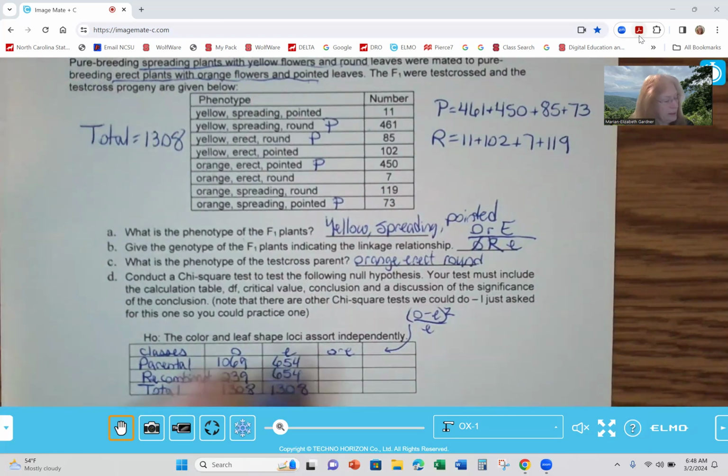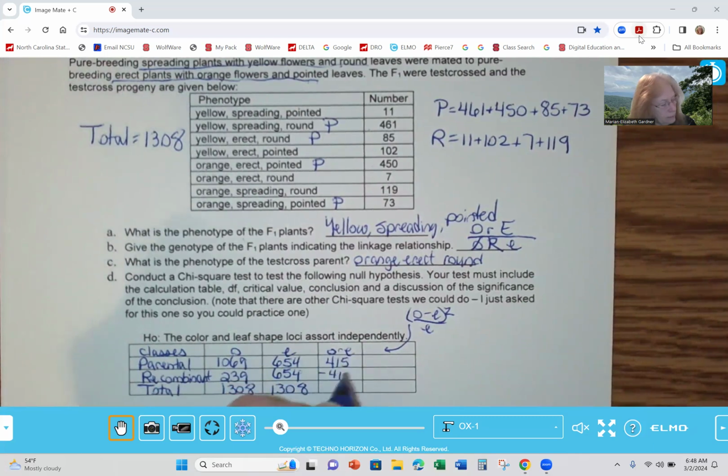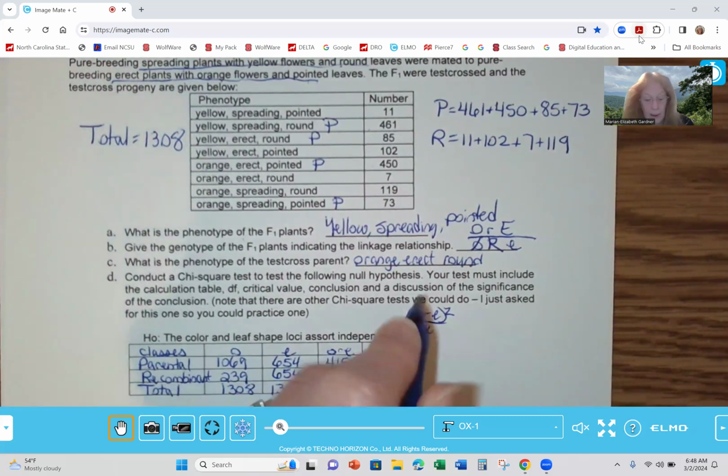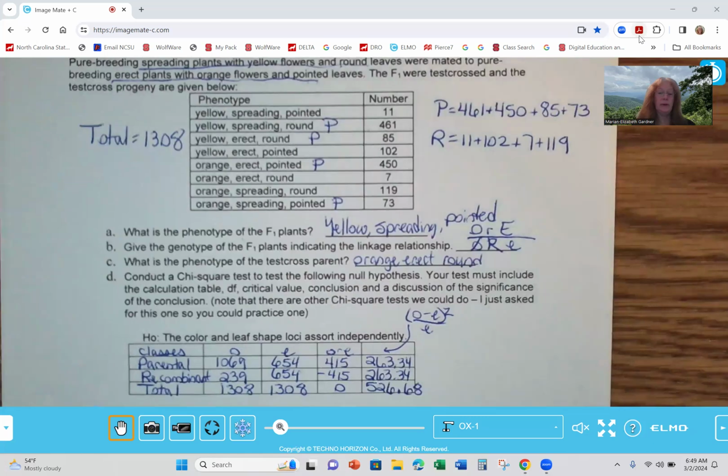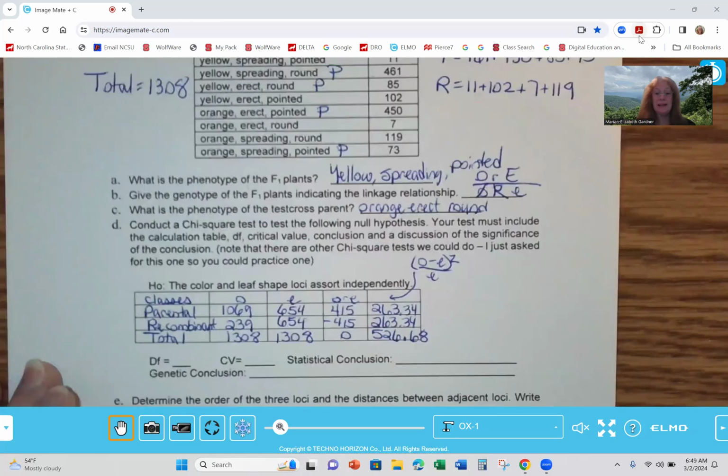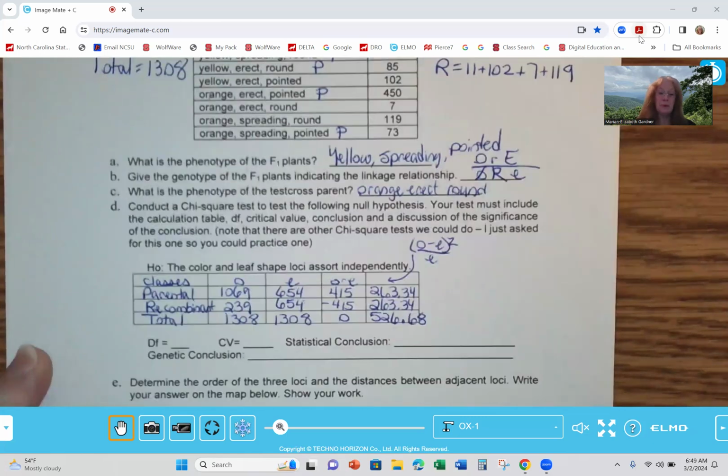I do the math, and my calculated chi-square value was 526.68. It's a really big value.